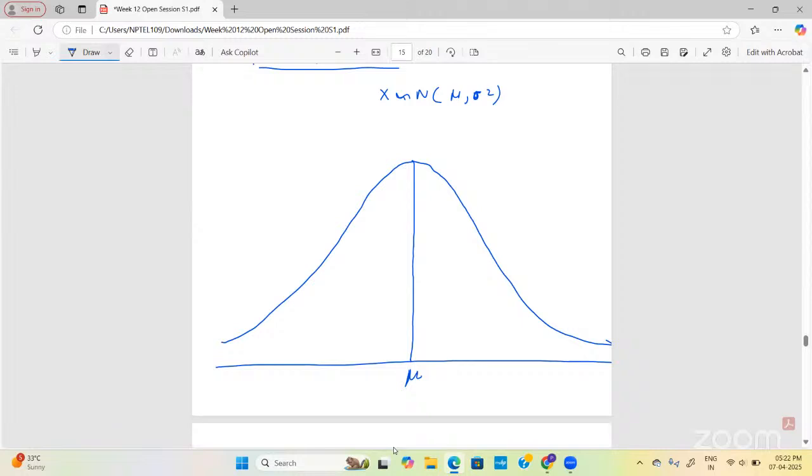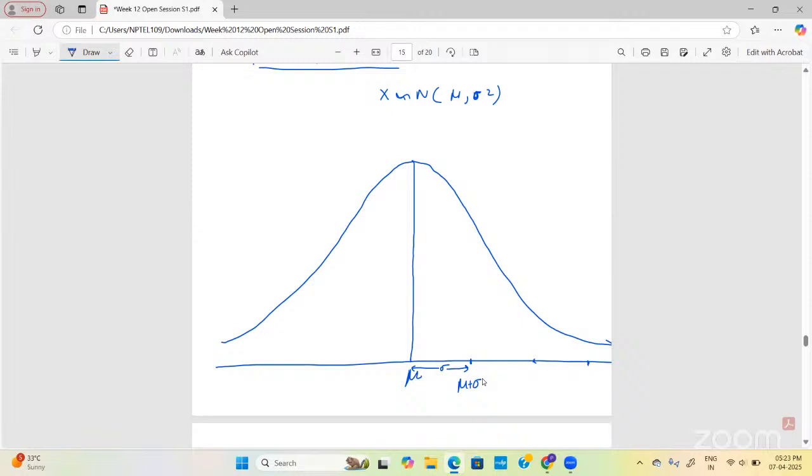This is the line which is x equals mu line. Now I'm saying that I am going one standard deviation away from this value. Suppose this distance is equal to sigma. Then the value for this point will be mu plus sigma, right? So I am going one standard deviation away from the mean.